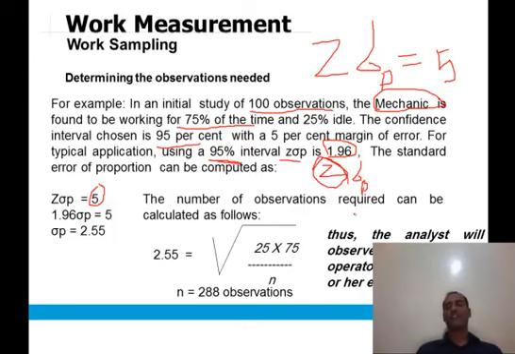The number of observations required can be calculated as follows. This is the Z at the confidence of 95. Z multiplied by sigma equals 5. Then sigma subscript b equals 2.55.